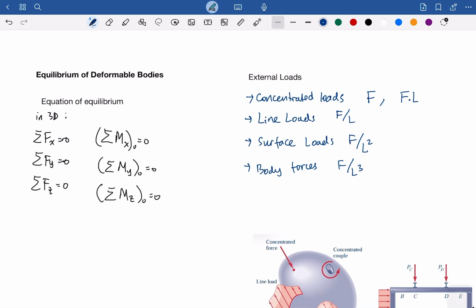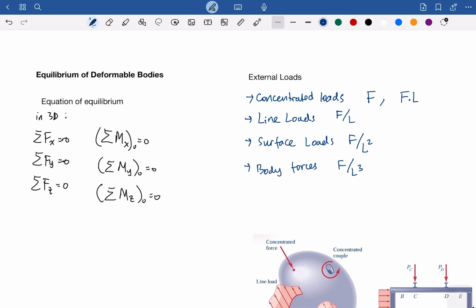Of course, if we see these 4, we could argue that this is similar to, for example, the pressure, force divided by area, right? It's kind of similar, but in mechanics of materials, we consider all these things as our loads. So it doesn't always necessarily have to be exactly Newtons.